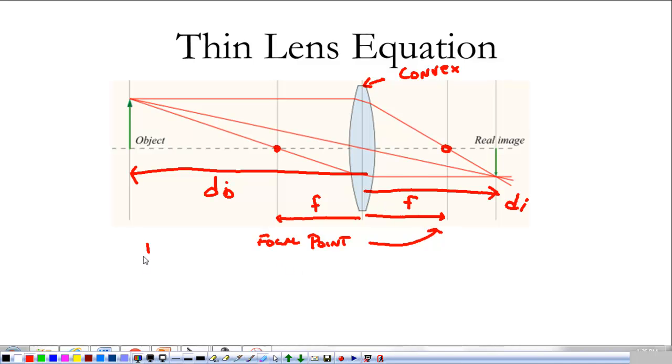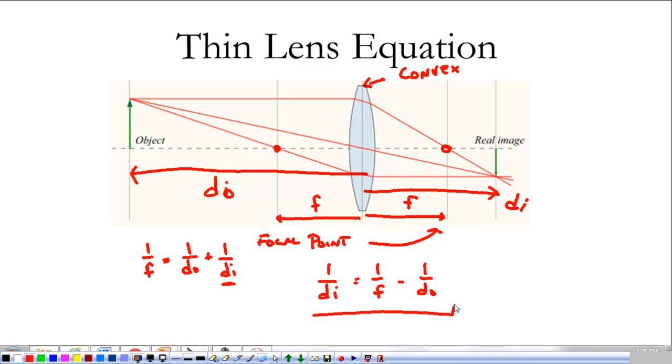We've got 1 over the focal length is equal to 1 over the object distance plus 1 over the image distance. That's not very useful to us. Most of the time we're looking for the image distance, so 1 over our image distance is equal to, just simple math, 1 over f minus 1 over the object distance. This is how we're going to be able to predict where our image is going to be.